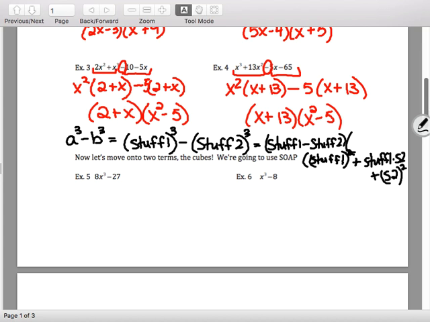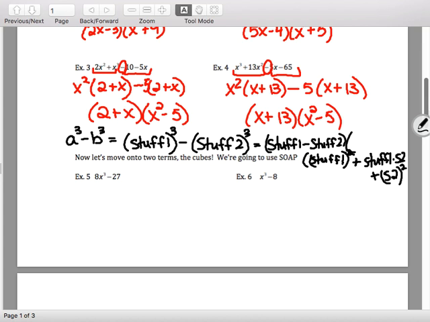So here's my SOAP: same, opposite. Then you take stuff 1 times stuff 2, always positive, and then you take stuff 2 squared.